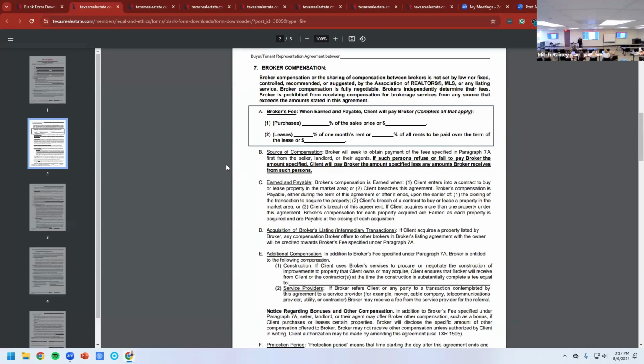Now, we can take no more than what's written in here. So if you negotiate 2% and they're offering 8%, we can only accept 2% unless we amend it for that percentage. It has to be specific, or a flat fee.